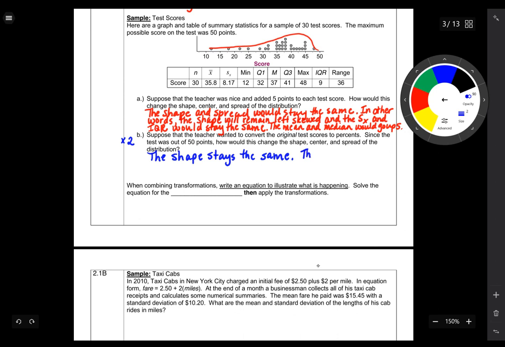The center and spread would be multiplied by 2.